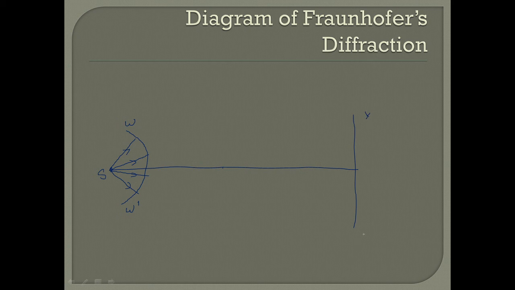Y Y dash is the screen, and O is the center point.